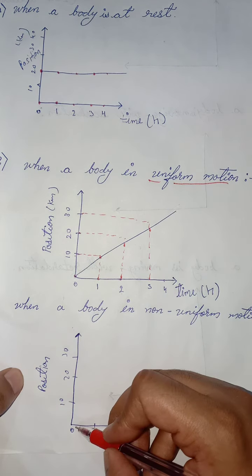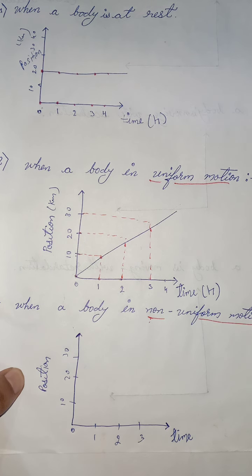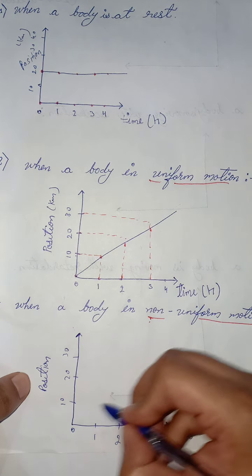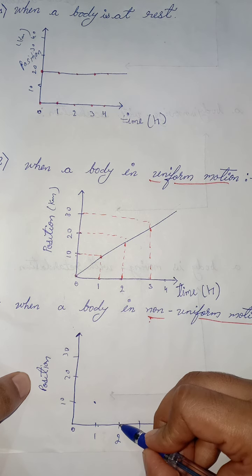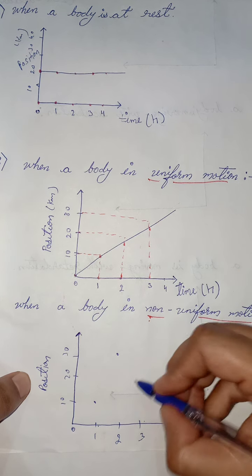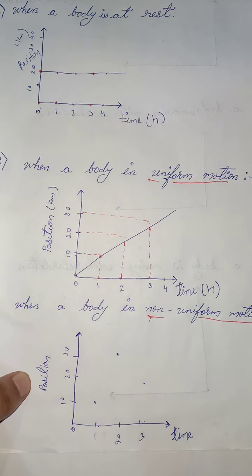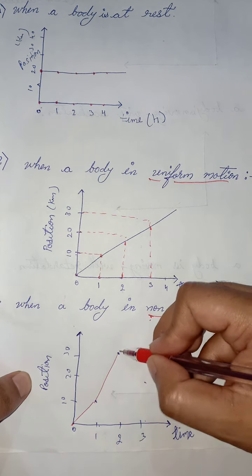Here we don't have any fixed pattern, because in non-uniform motion the body can cover unequal distance in unequal intervals of time. So in the first 1 hour, for example, it will cover 10 kilometers. In the next 1 hour it will cover 30 kilometers, and in the next 1 hour it will cover 10 kilometers. So the pattern will be like that.